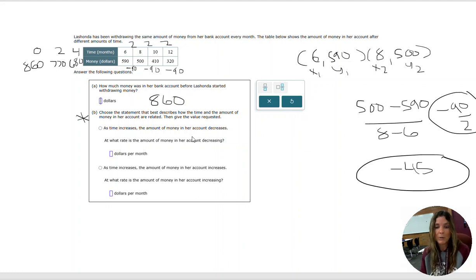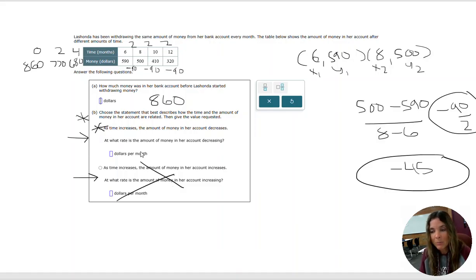And then when we're picking which one we need to choose, we're only going to choose one of these. Okay, so it says choose the one that describes how the time and amount of money in her account are related. So when we look at this, we know that as time increases, the amount of money in her account decreases. So we're going to pick this one, which means we're not also going to pick this one.